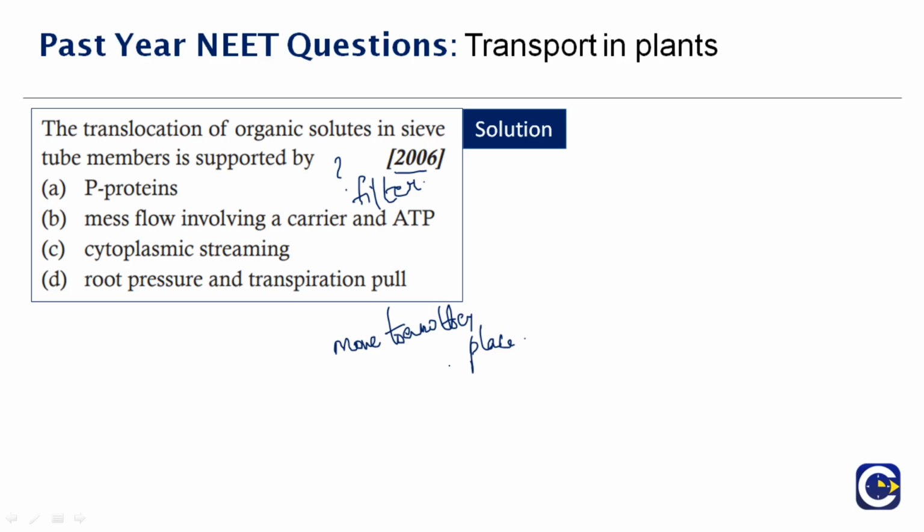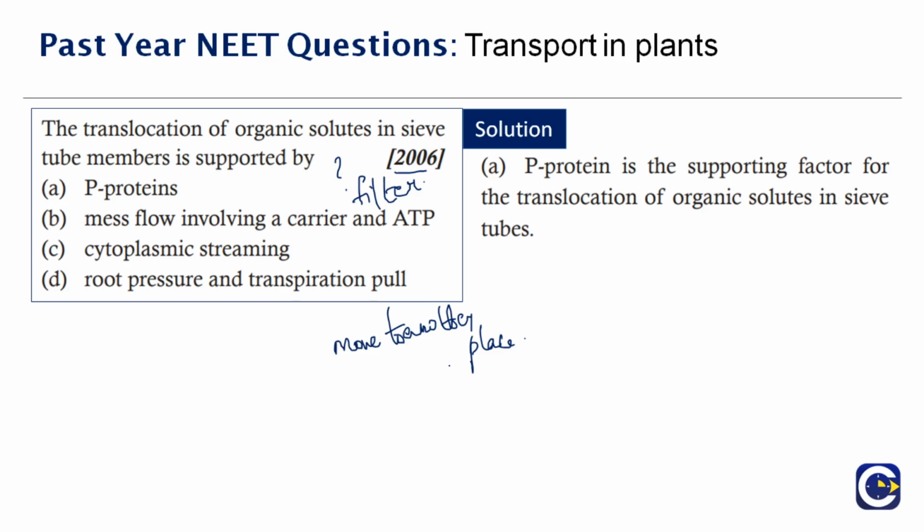So P is abbreviated as phloem, a protein that is found in large amounts in the sap conducting sieve elements of phloem tissue in the plants. It takes various forms in the mature sieve element depending upon the plant species, and they range from a network of filaments to discrete crystalline bodies. Therefore, the correct answer to this question is P proteins, which act as sieve elements in the sap. Okay. Option A is the answer.